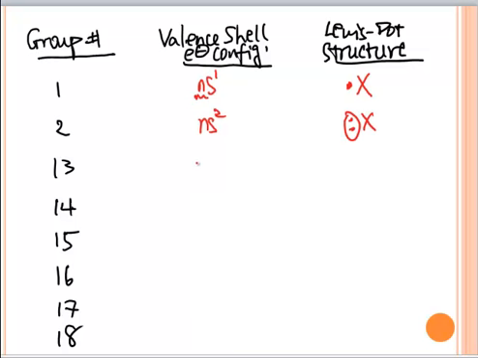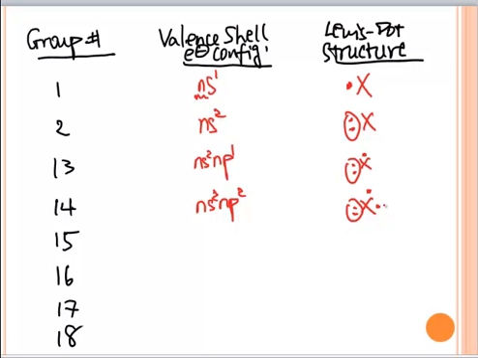For group 13, you now have ns2 np1, which should have a pair of dots plus a single. For 14, ns2 np2, you should have X, a pair, and 2 singles. Remember, very importantly, it's 2 singles instead of a pair, dictated by what?